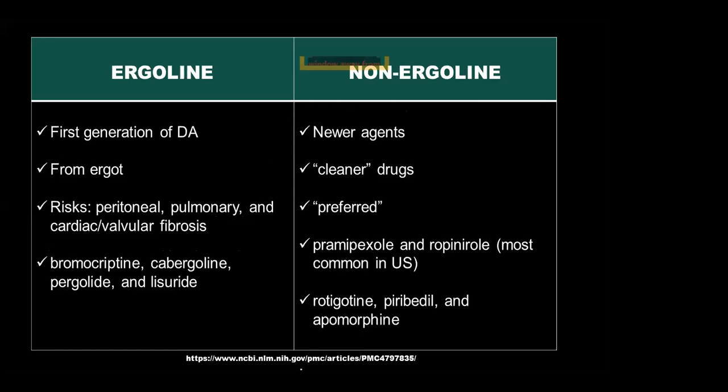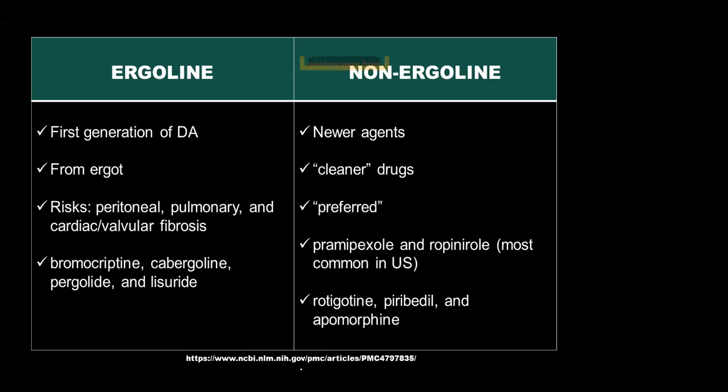The common drugs in ergoline classes are the bromocriptine, cabergoline, pergolide, and lisuride. Ergot-derived DAs are generally rarely used these days due to their established risk of valvular and lung fibrosis. Thus, patients receiving ergoline-derived DA should be monitored with echocardiography before treatment is started and regularly during treatment.